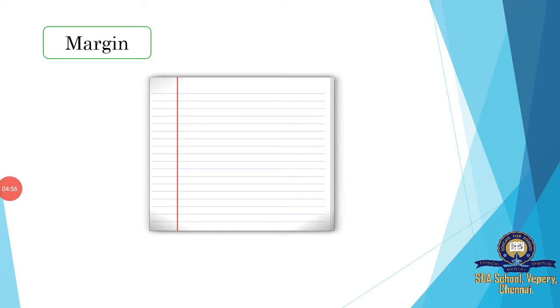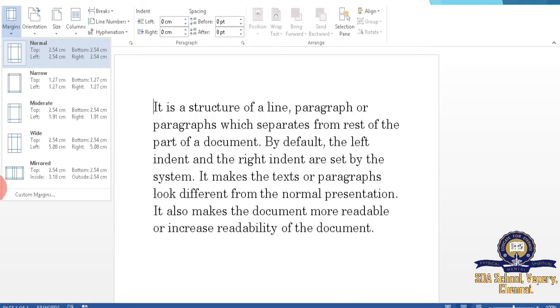Next is margin. A margin is defined as the space between the text and the edge of a document. By default, a new document is set to normal, which means it has 1 inch space on 4 sides. This is a normal margin in a default document.